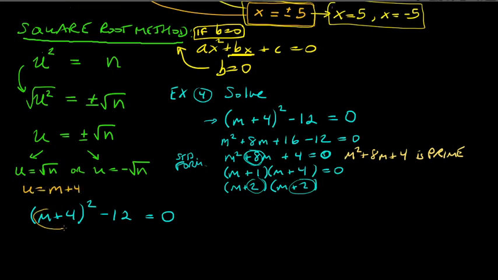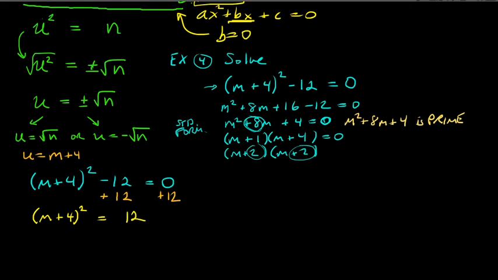So I have u squared minus 12 equals 0. Now, what's n? It's not negative 12 because that's on the wrong side, right? We have to add the 12 to both sides. So when we add 12 to both sides, the equation becomes m plus 4, the quantity squared, plus 0, equals 0 plus 12, which is 12.